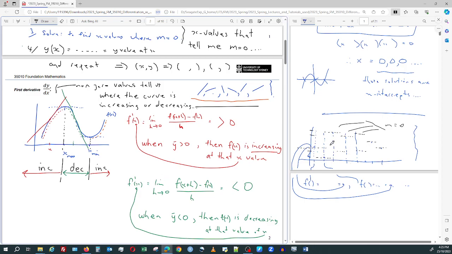We haven't really finished over here, have we? We've kind of got our m equals zeros, but do we have to check y dash at x values just beforehand? That would tell us if it's increasing or decreasing. Afterwards, it would tell us if it's increasing or decreasing. So we could do an interval check.